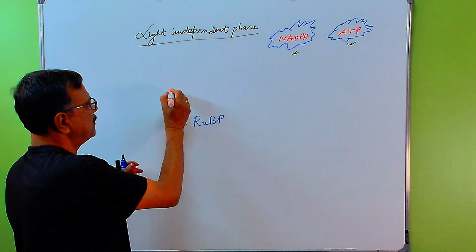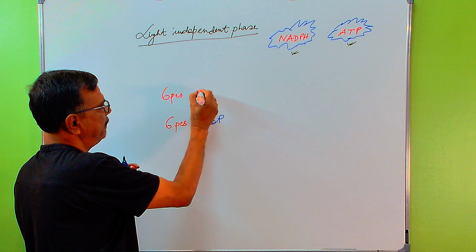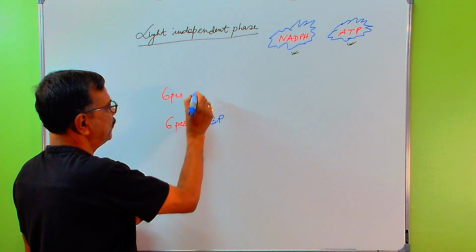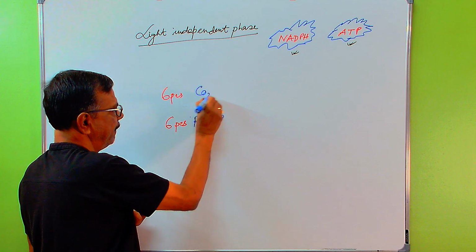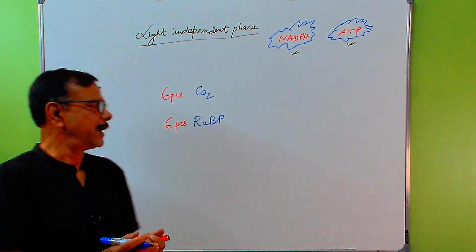And again we have to take 6 pieces of CO2. Why I am writing these 6 pieces, later on we will understand.